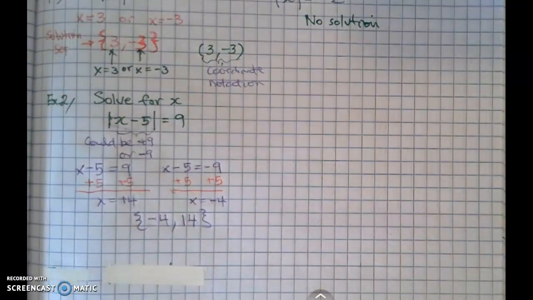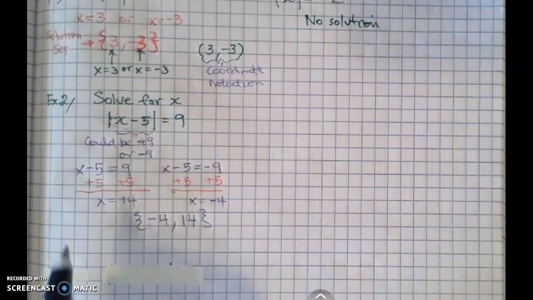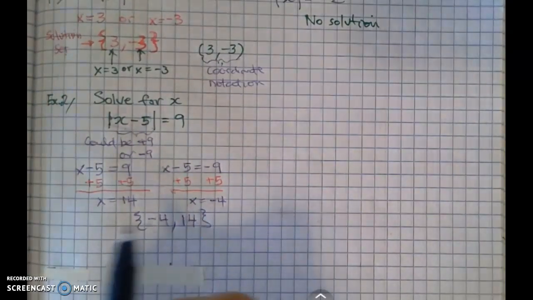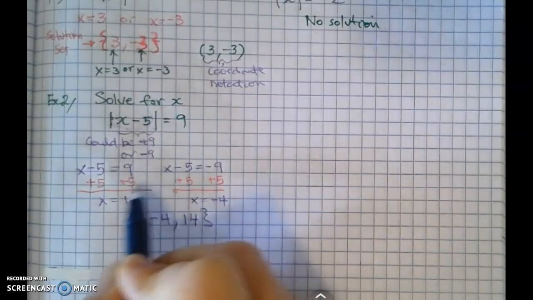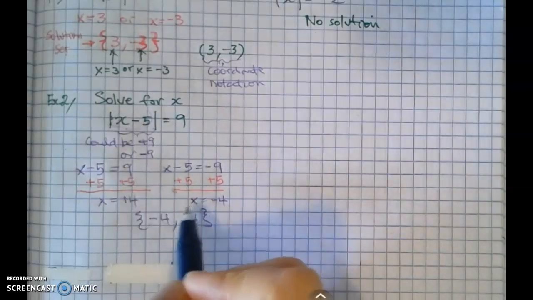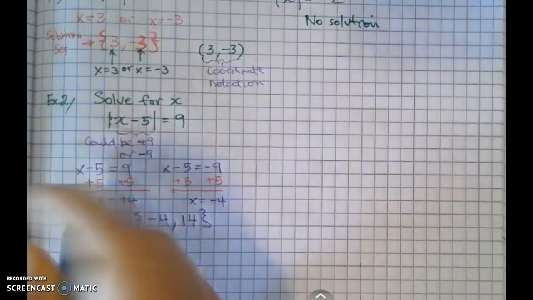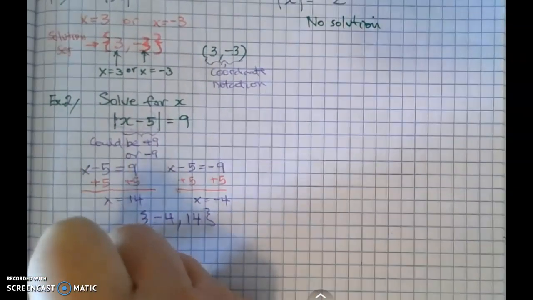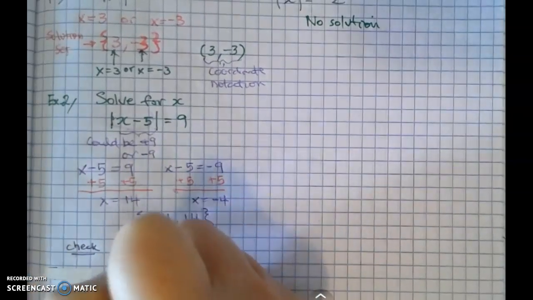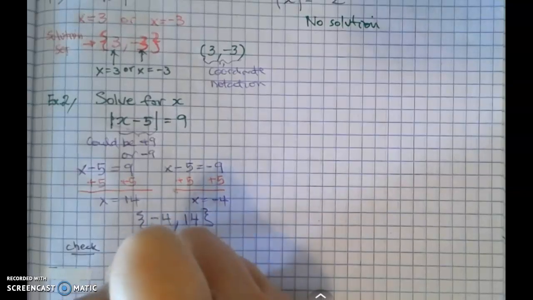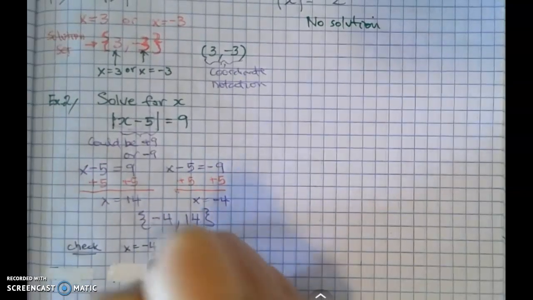Now it's important that we check our answers, because sometimes, and you will see later on, not all the solutions we say are true always work. So we need to plug them back into the original equation. Let's start with x is negative 4.